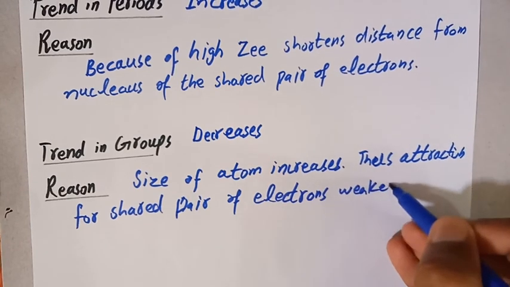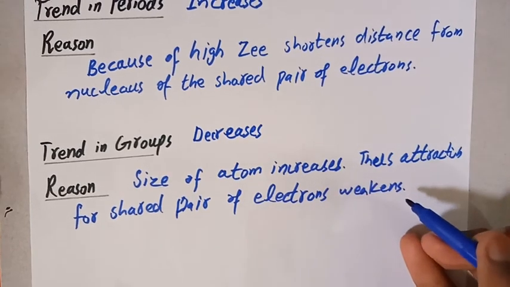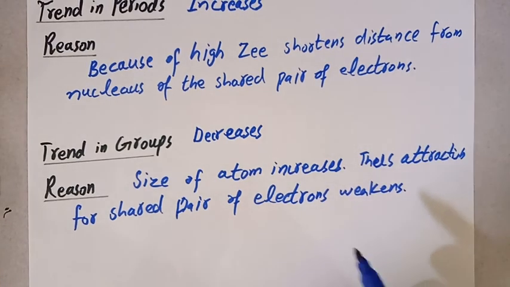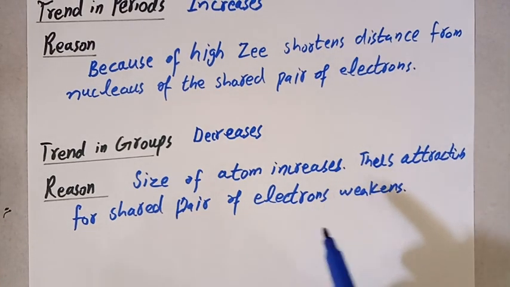So when the attraction for the shared pair of electrons weakens, the ability of the atom to attract electrons will decrease.